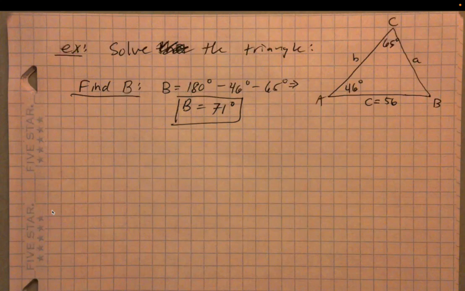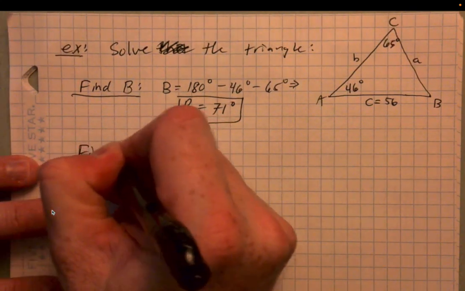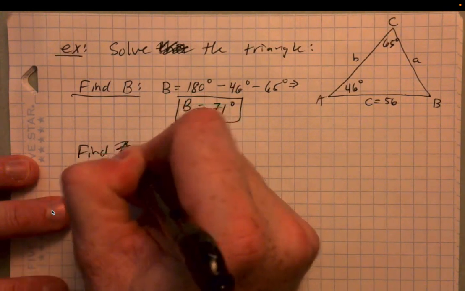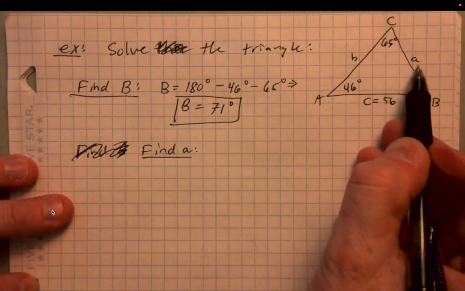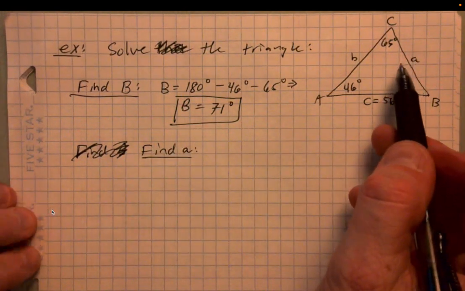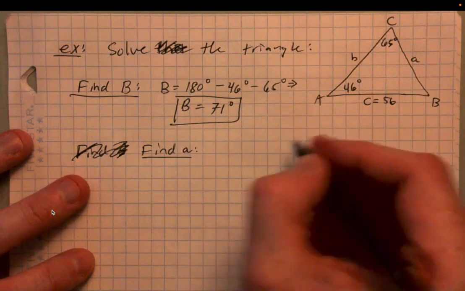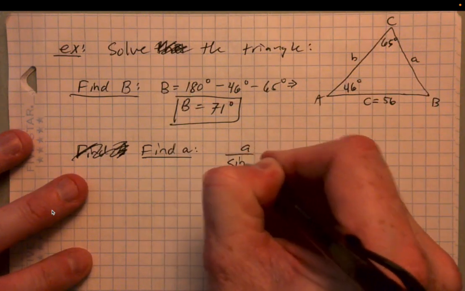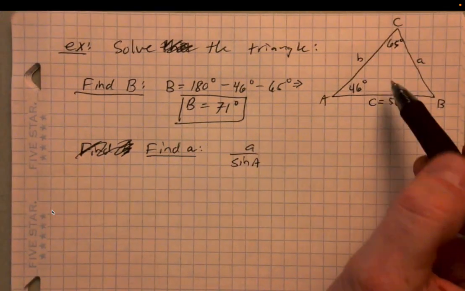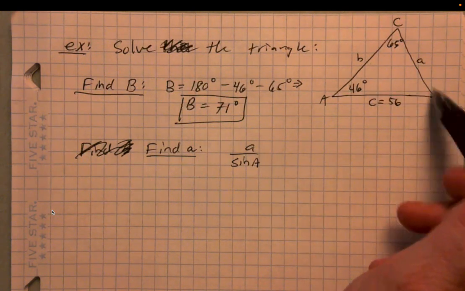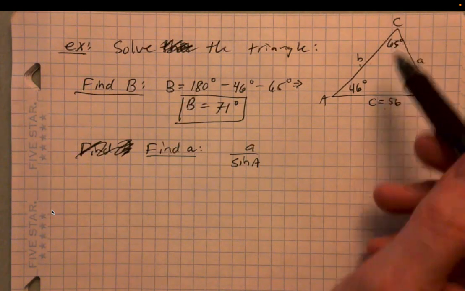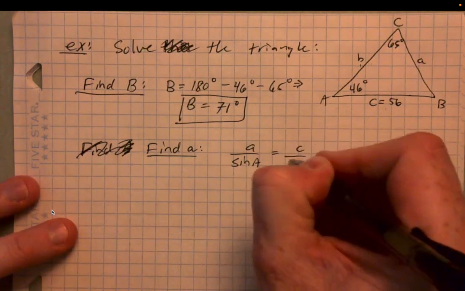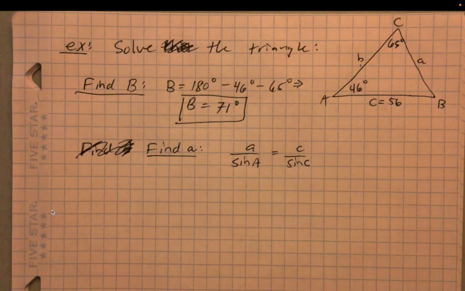The next thing I can do is maybe I could try to find a. Sorry, little a, not big A. Let's find little a. All right, let's find this side here. Well, I know that I'm going to need a over sine of A. Now, if I do b over sine of B, I know sine of B, but I don't know little b, so that's not super helpful. So instead I'm going to do c over sine of C. I'm going to use this setup.